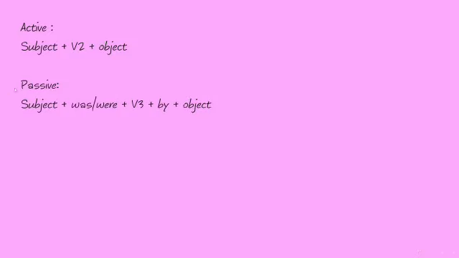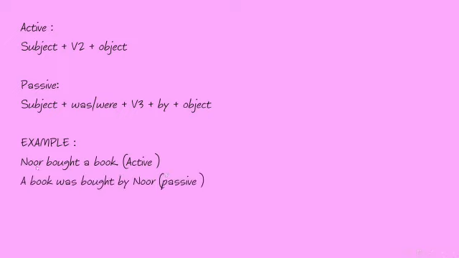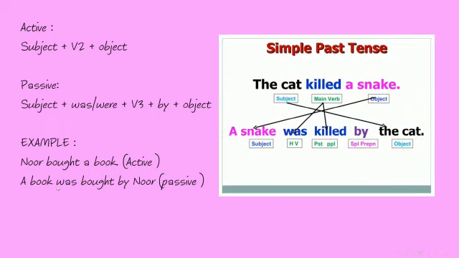Passive في حالة المبني للمجهول: subject plus was or were plus verb 3 or past participle plus by plus the object. Example: Noor bought a book. This is in the active. Here in the passive, a book was bought by Noor, and here we use was because book is one.